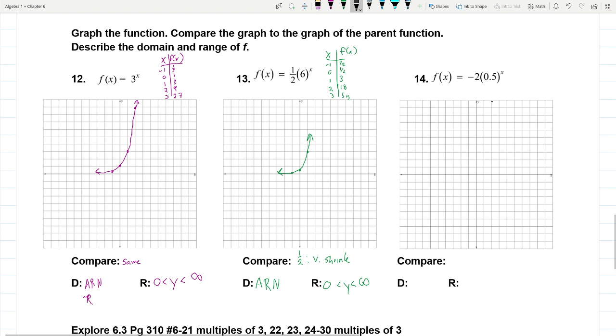All right, let's do number 14. We have x, f of x, and I'm going to go negative 1, 0, 1, 2, 3. So if I do negative 1, this one's a little weird.